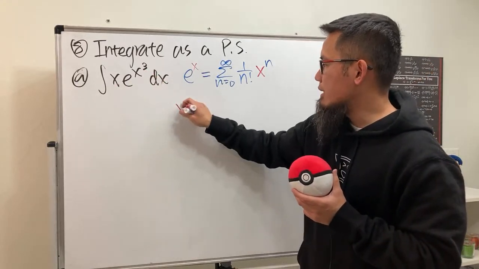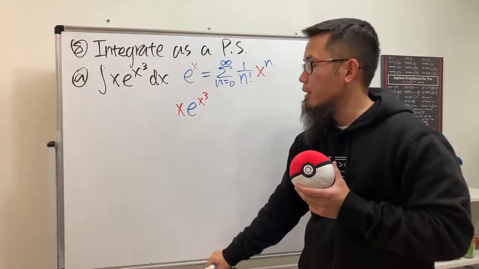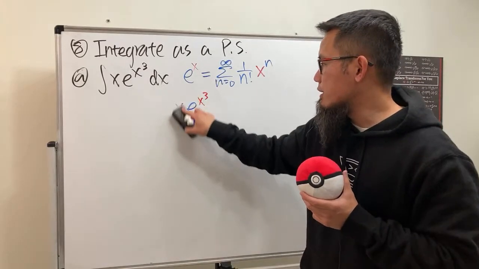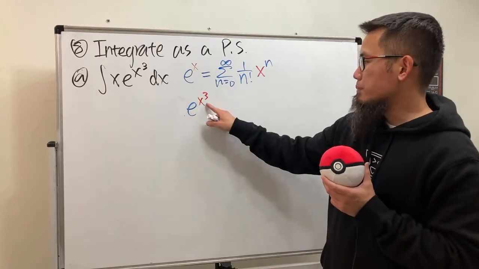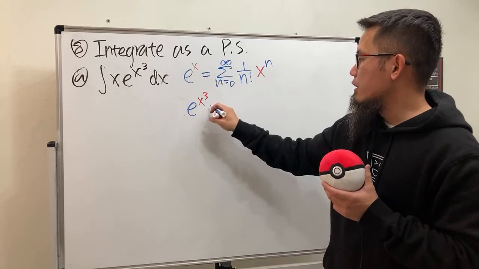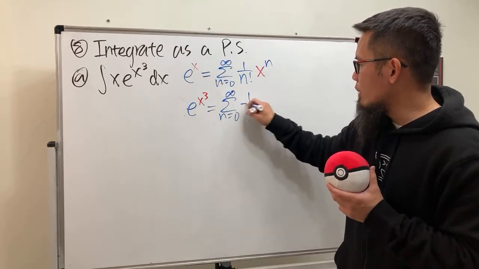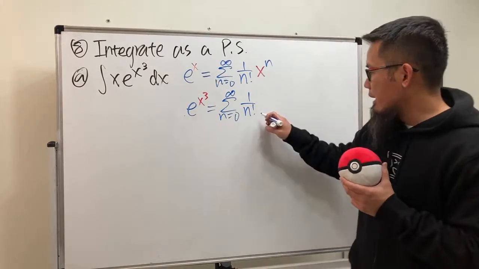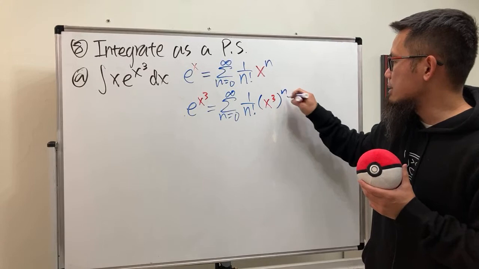So we are going to do x times e to the x to the third power. Well, first, just focus on this part. Just plugging x to the third power into here as well. Therefore, we get the series as n goes from 0 to infinity, 1 over n factorial, and we have x to the third power and then raised to the nth power.